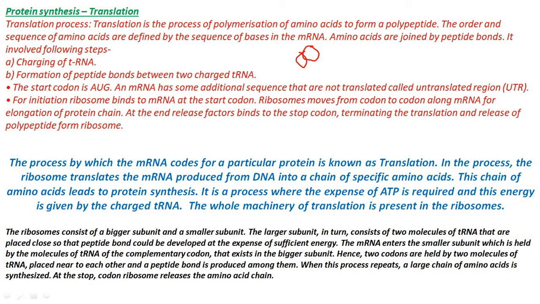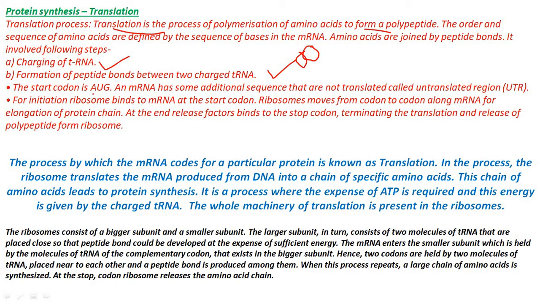So let's move on to this process. Translation is the process of polymerization of amino acids to form a polypeptide. The order and sequence of the amino acids are defined by the sequence of bases in the mRNA. The amino acids are joined by peptide bonds. It involves the following two steps: the charging of the tRNA, and the formation of peptide bonds between the two charged tRNAs.